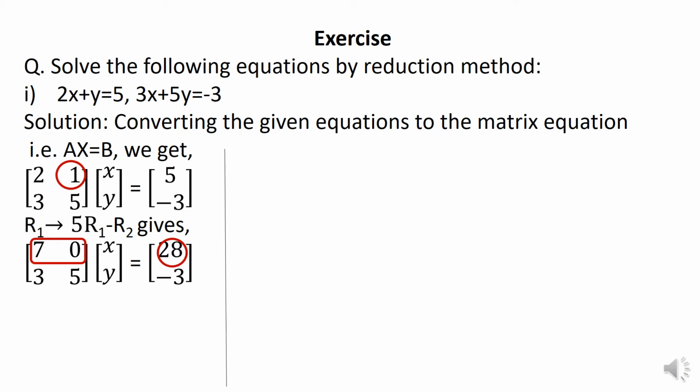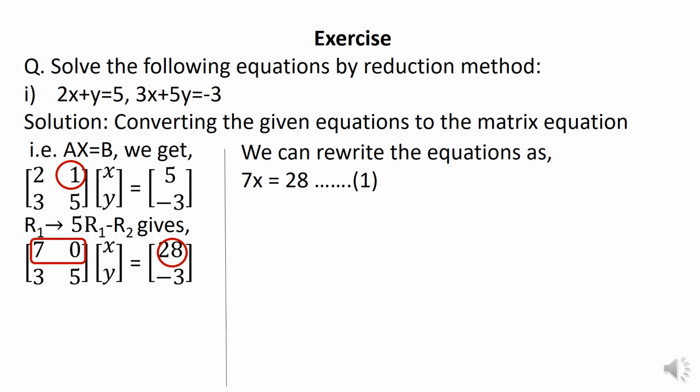Then in the next step, we can rewrite the equation. Now the matrix A has been transformed into a lower triangular matrix as required. So we can rewrite the equation by multiplying the A matrix with the X matrix. That is 7x = 28, and similarly 3x + 5y = -3.